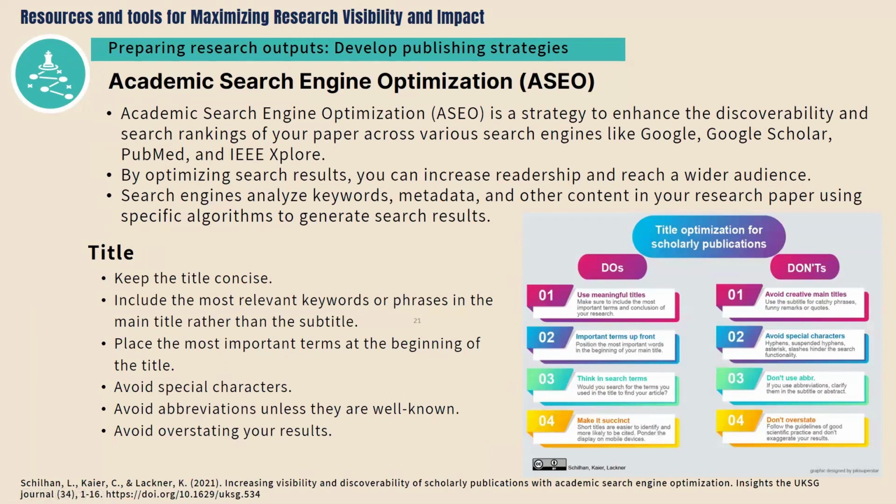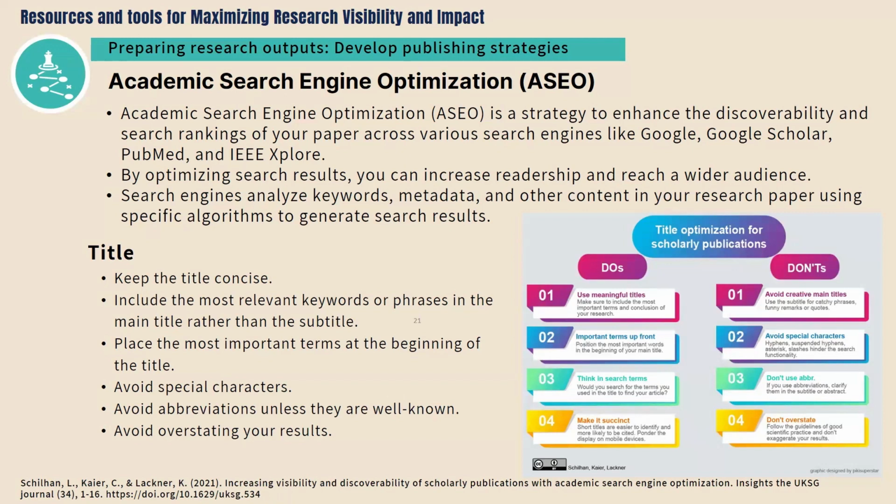Academic search engine optimization is a strategy aimed to enhance the discoverability and the search ranking of your paper across various search engines, including Google, Google Scholar, PubMed, and IEEE Xplore.